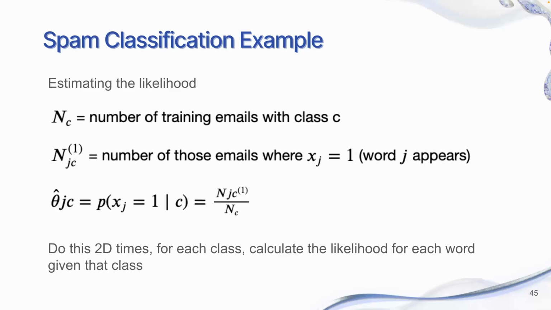So to compute the likelihood of a word appearing in a spam or non-spam email, you count the total number of spam or non-spam emails, and then you count the number of emails in which the word appears in a spam email or not, and then you just divide. You can also use MLE to do this, and if you do MLE, with a log likelihood estimation, this term is exactly what you get.